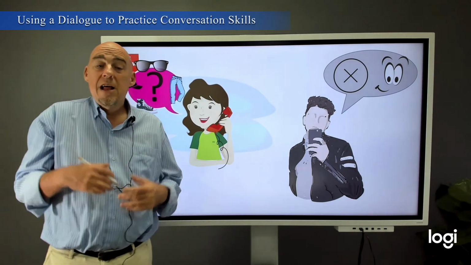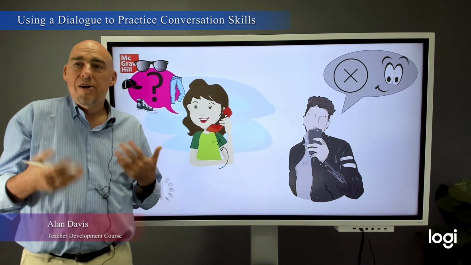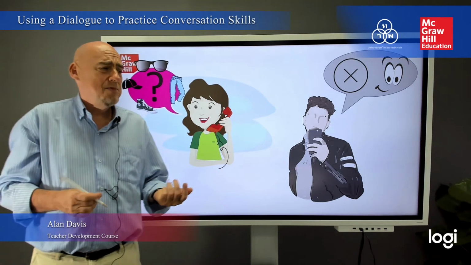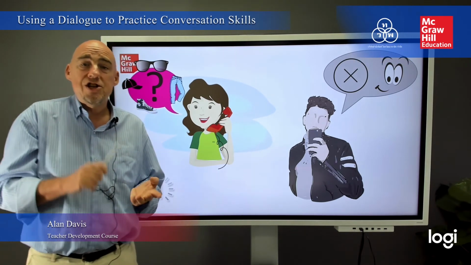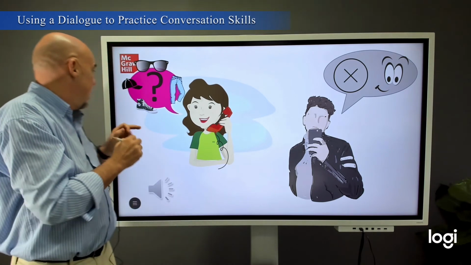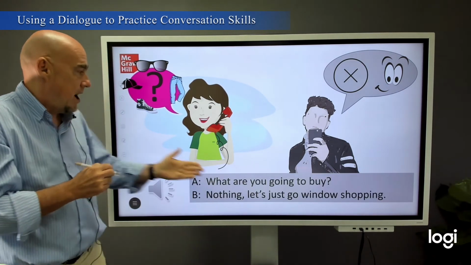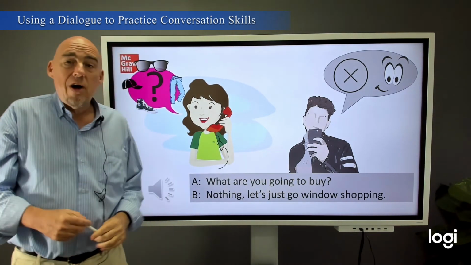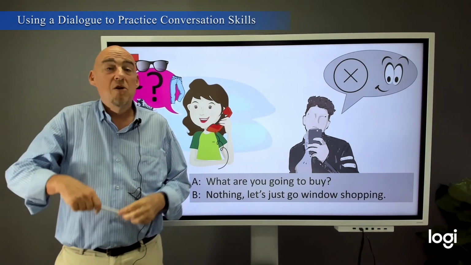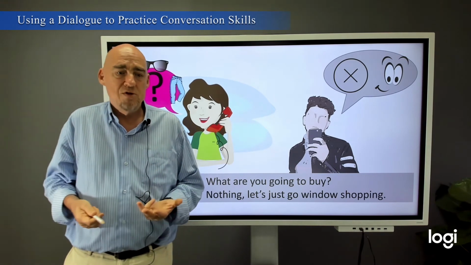Okay, again, demo 3 to 4 times, maybe 5 times. Teacher, student, student, teacher, student, student. Write it up on the board. There we go. I'm writing it up on the board. So I've gone through the whole dialogue quite a few times, right?